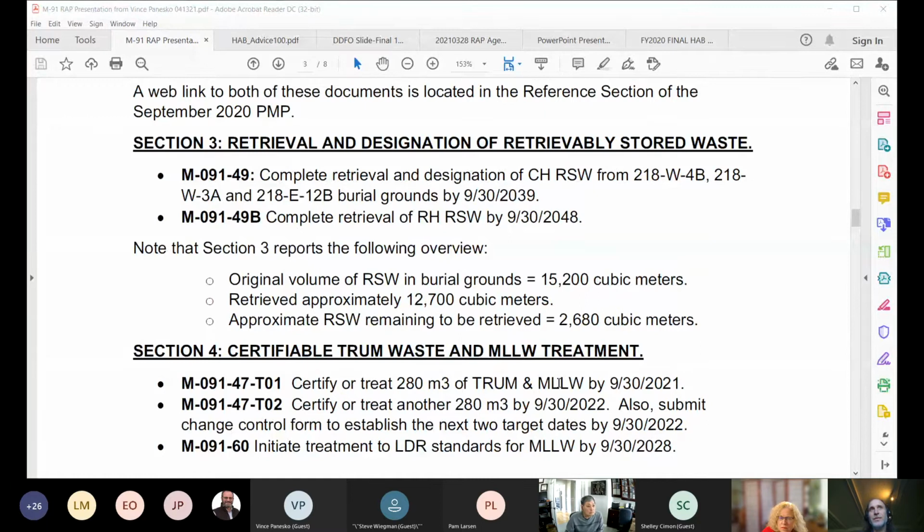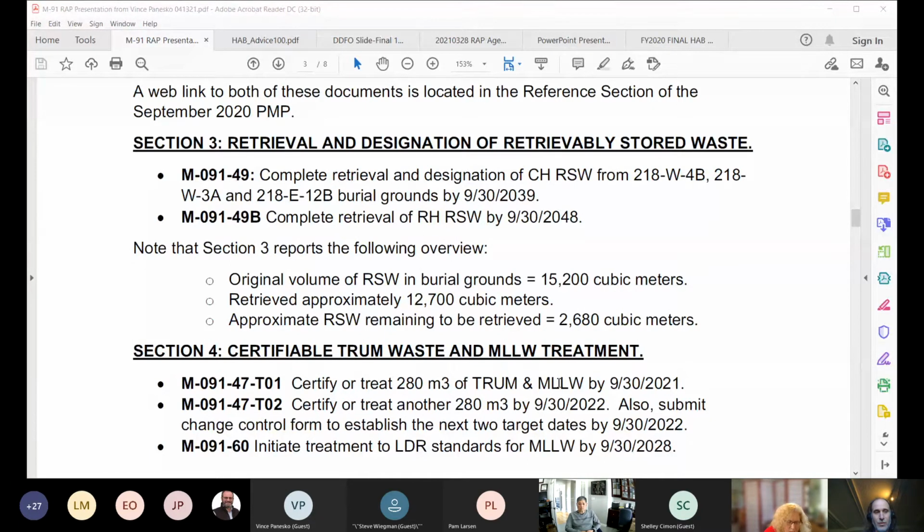But wanted to make sure we talk about DOE's response to HAB advice. Typically, we would do that at the full board, but we didn't have an opportunity to do that last full board meeting.